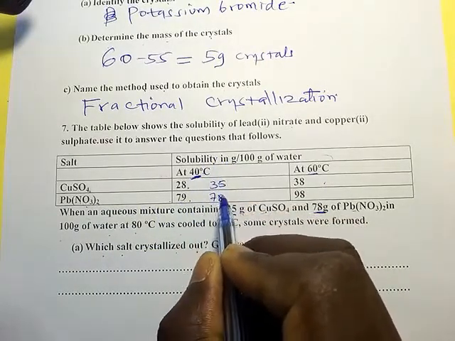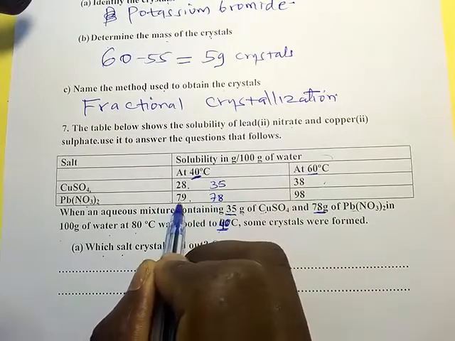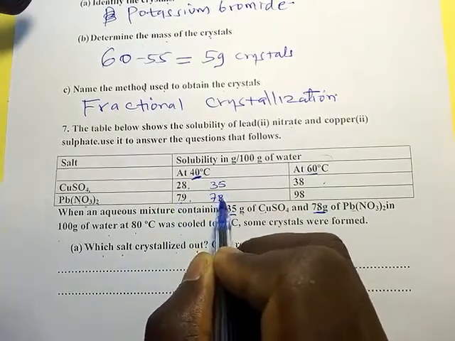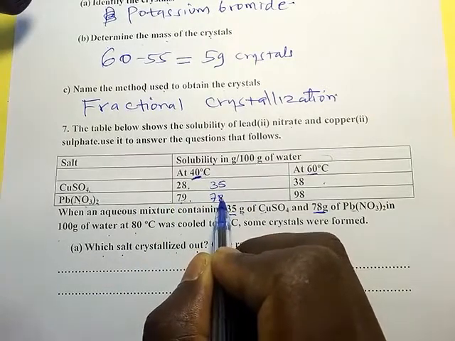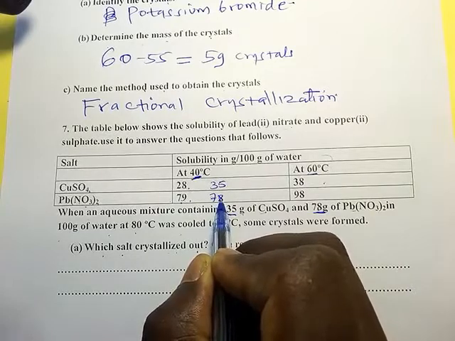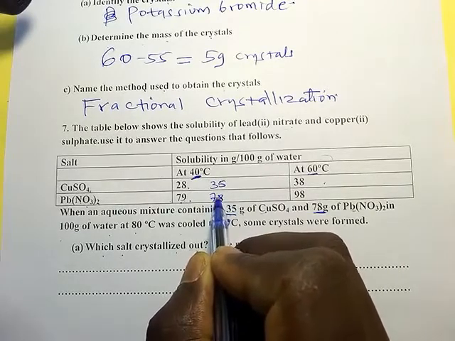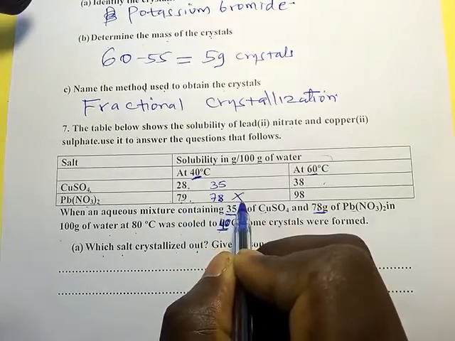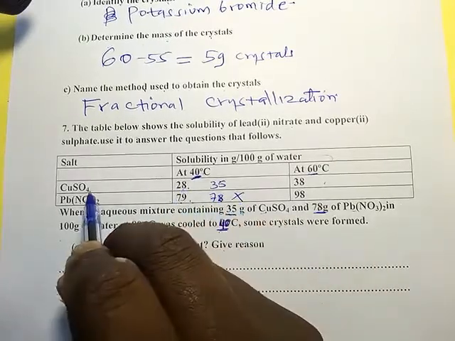Now, if it is 78, it means it has not yet even reached 79. Therefore, 78 grams will not form a saturated solution. It is still in solution. Will it form crystals? It will not. Let us consider copper sulfate.